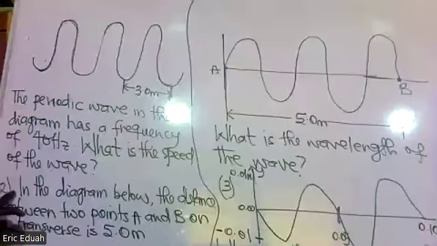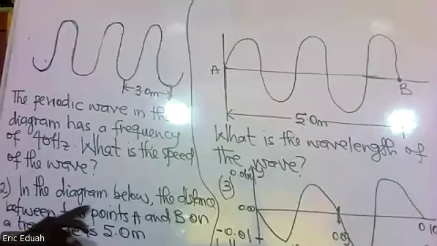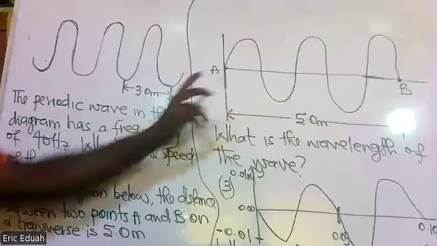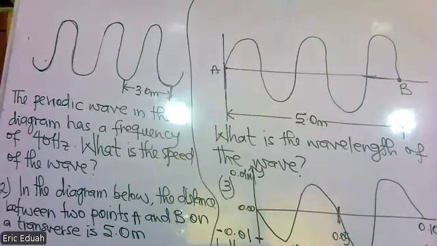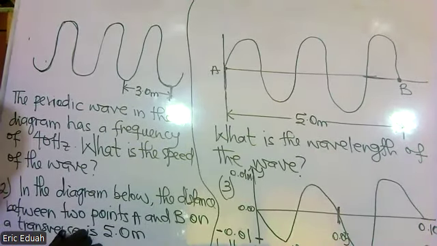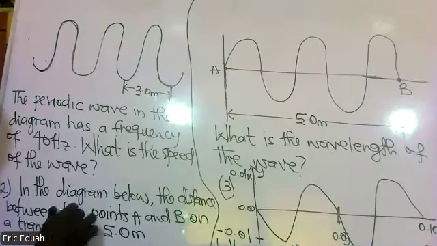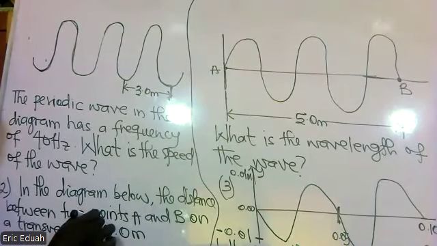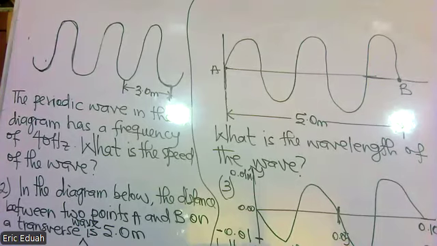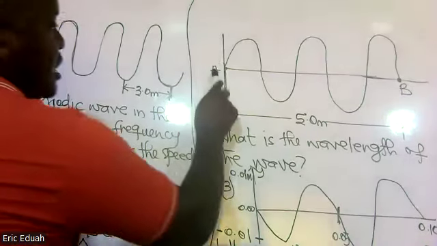Then the second question: in the diagram below, the distance between two points A and B on the transverse wave is 5.0 meter.